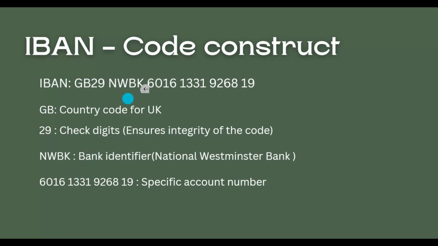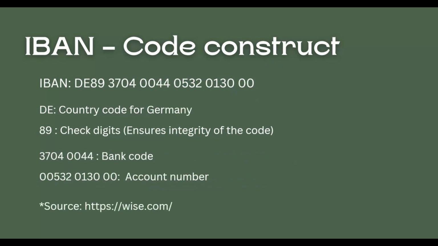Here NWBK is the bank identifier, National Westminster Bank. The remaining is the specific account number. Let's see one more IBAN code structure. This also is a 22-character code. Here DE is the country code for Germany, 89 are check digits, 3700044 is the bank code and the remaining is the customer account number.